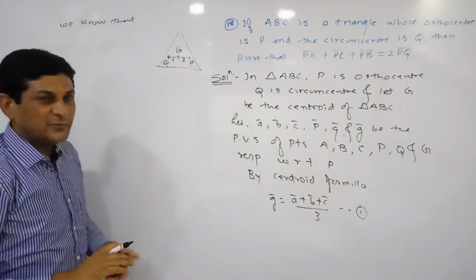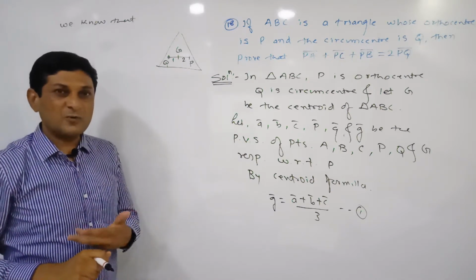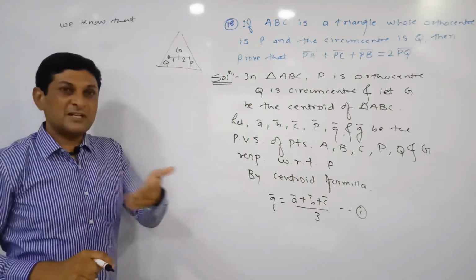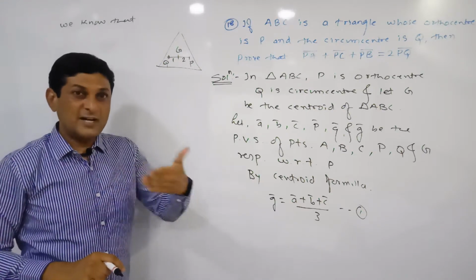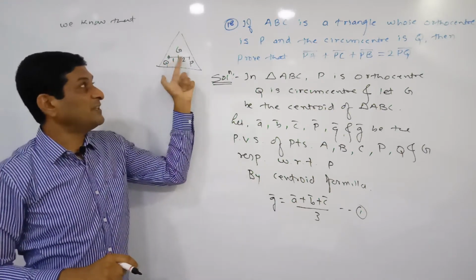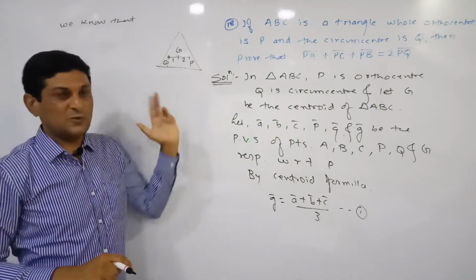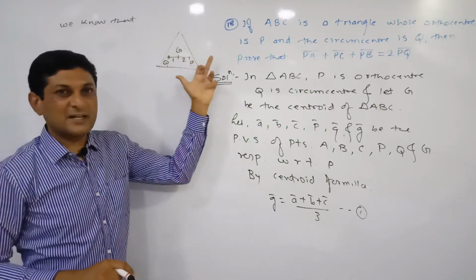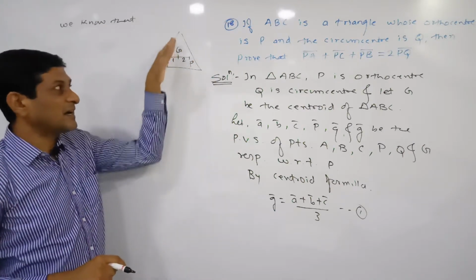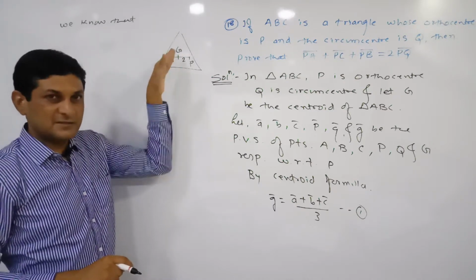So it is easy to remember the ratio: 1:2 or 2:1. Whenever the number system starts, it starts with 1, 2. So remember 1:2. First write 1, then write 2. Here first write the circumcenter, then the orthocenter, and in the middle write G, which means centroid.